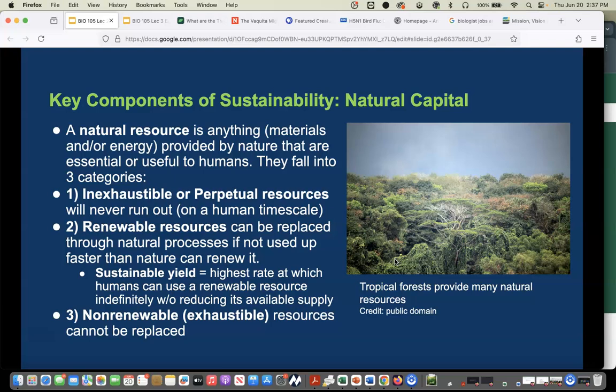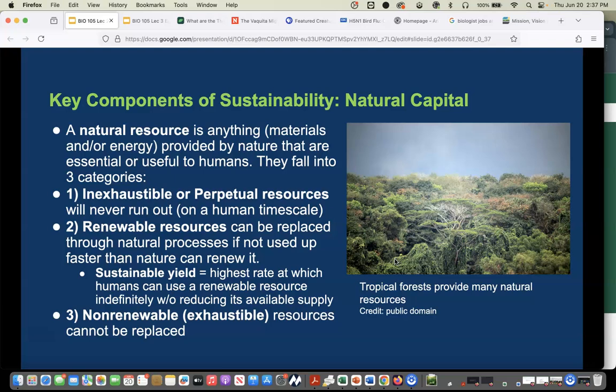Now, renewable resources are resources that can be replaced through natural processes if not used up faster than nature can renew them. Some examples of renewable resources might be things like forests and grasslands, very fertile topsoil, fish populations.